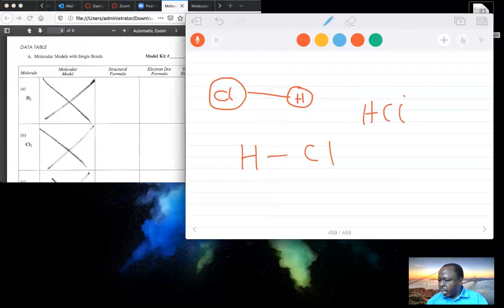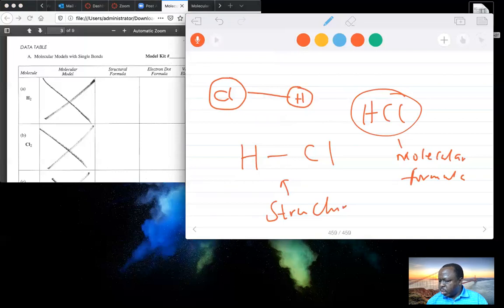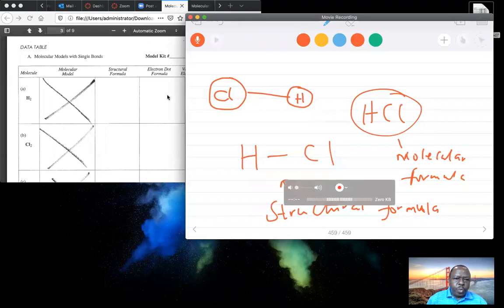This is molecular formula. And then this is structural formula, all right? And that is what you'll do for this column right here, just showing the connection.